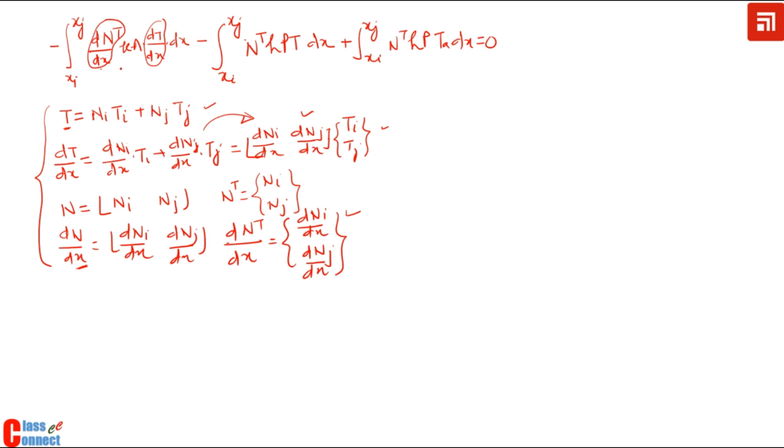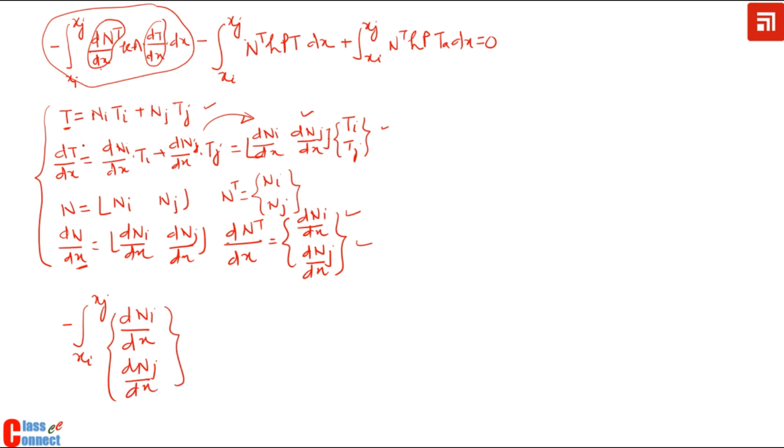So now I can substitute the values and focus again only on the first term of this, to write the infinite element form, that is xi to xj minus, and dT by dx I will write this as dNi over dx and dNj over dx multiplied by k into A, and dT by dx I can write using this equation, that is dNi over dx and dNj over dx multiplied by Ti and Tj, into dx.